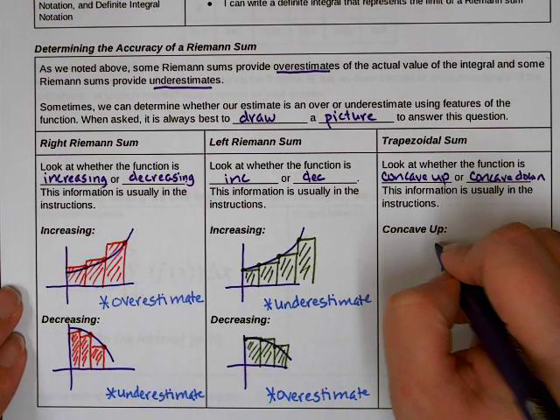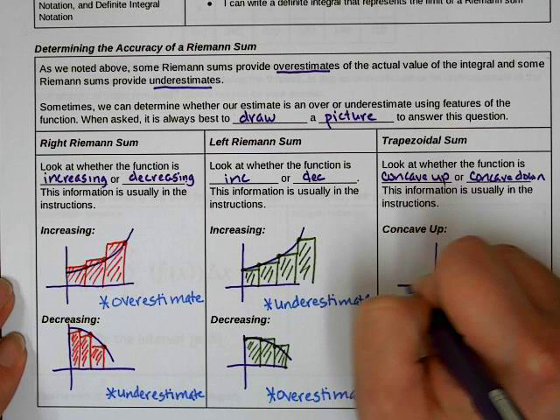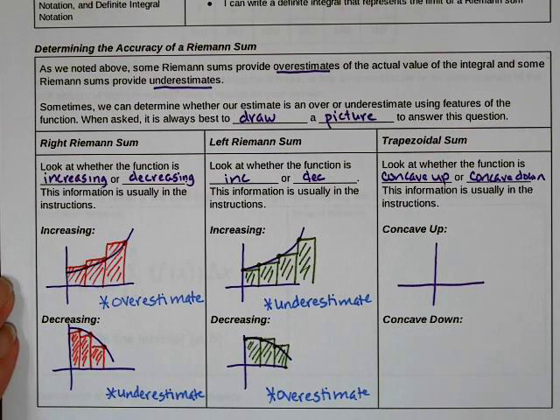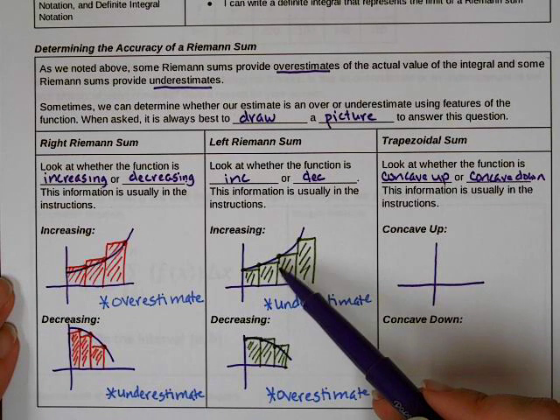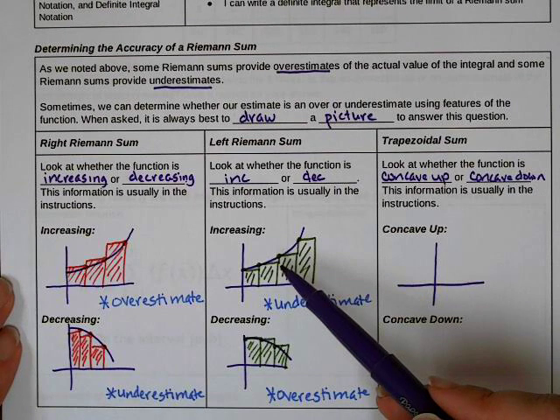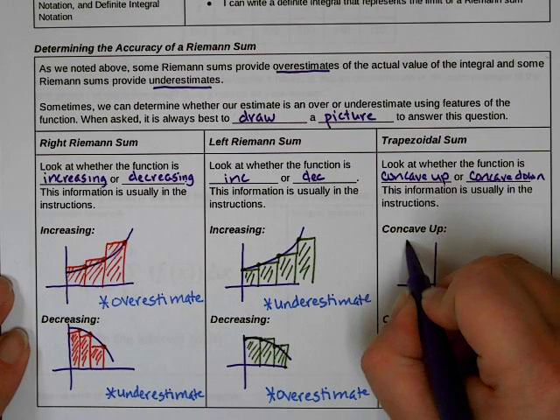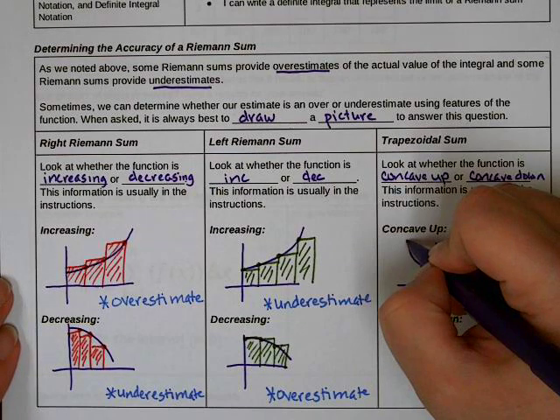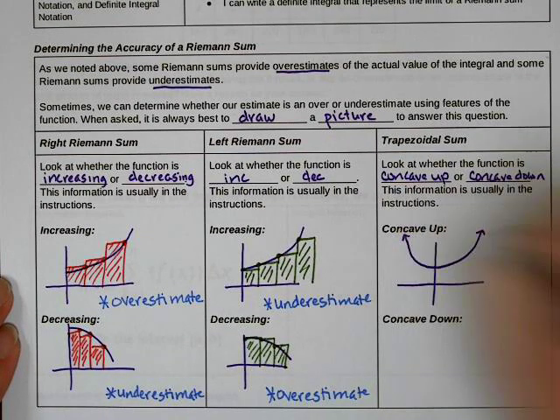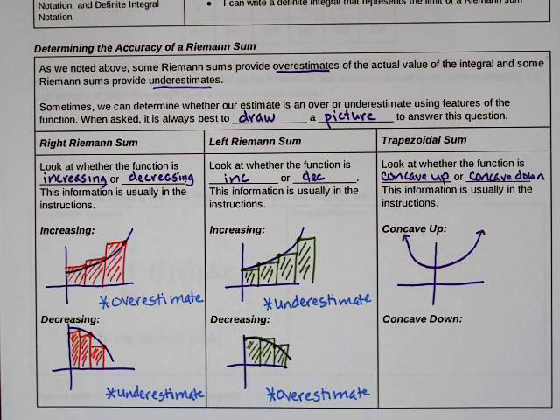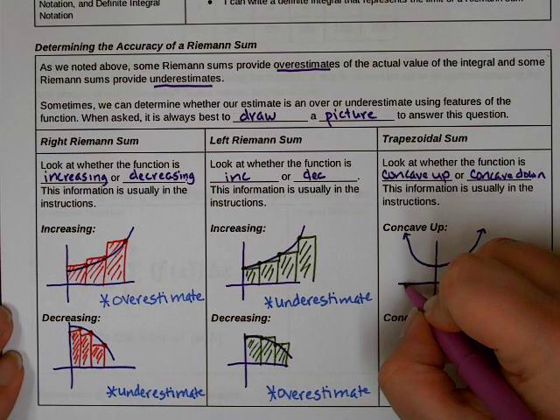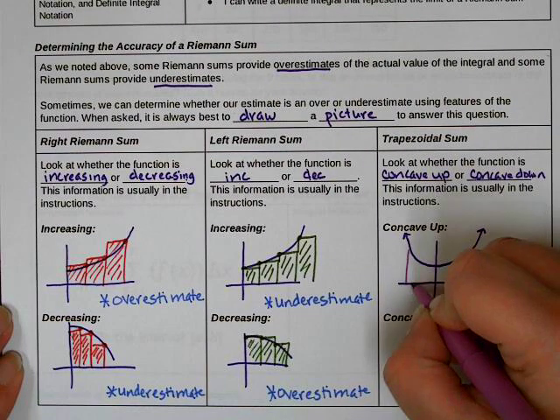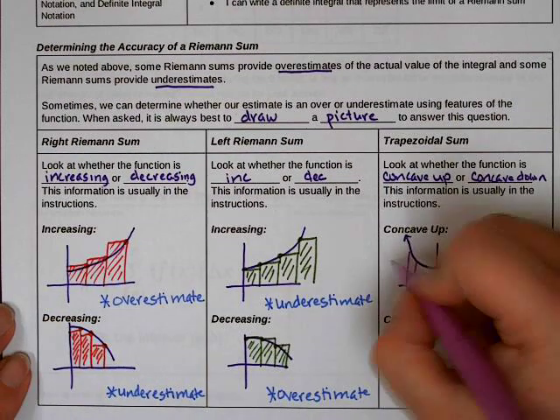So if I think about a function that is concave up, that's going to be something that kind of looks like that. So maybe I can draw a parabola up here like this. So there's my function. And I'm going to draw a trapezoidal sum. This one's a little bit harder to see. But for a trapezoid, I know that I'm going to draw in both of my points there.